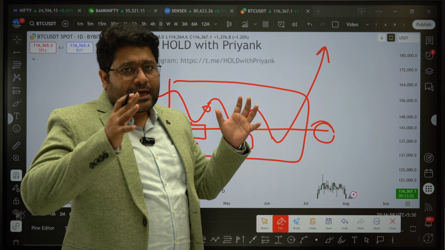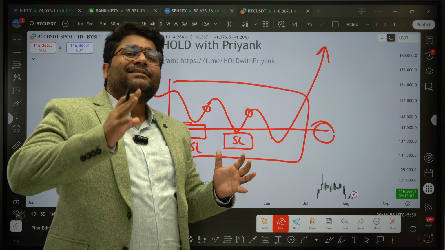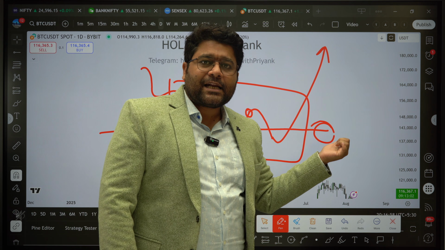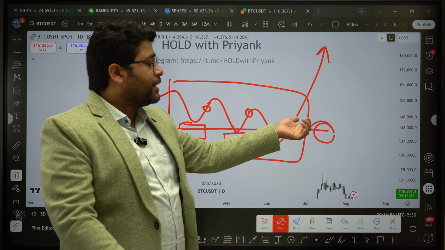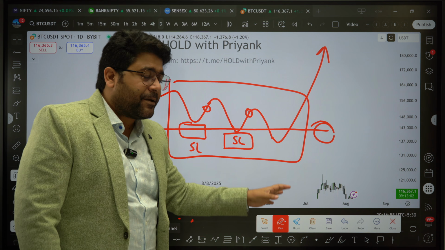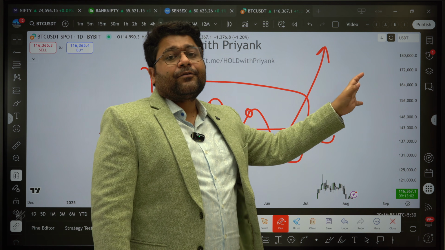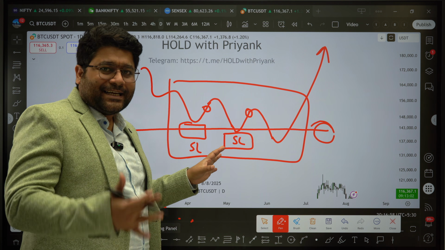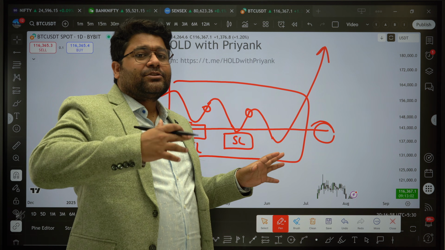But with the help of our memory, we can understand one kind of pattern which forms at any support or resistance level, which we can utilize to take trades in any time frame. We can use it for 5 minute, 1 minute, 15 minute charts as well, and use this concept to take trades. And most of the time, this strategy works.